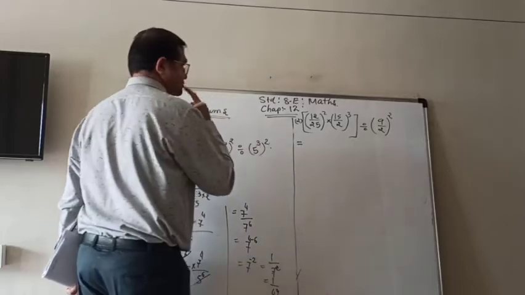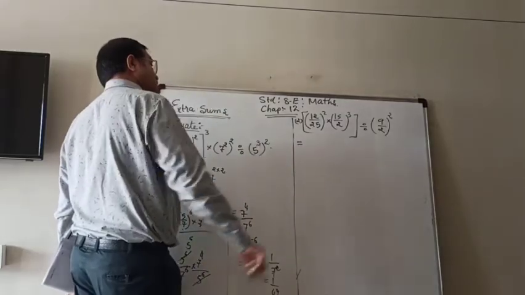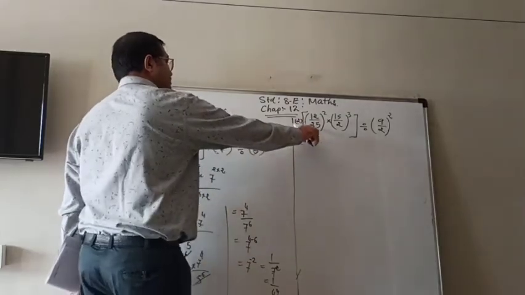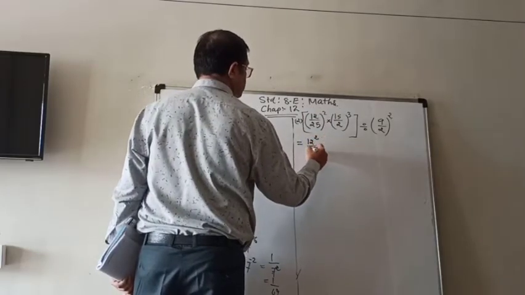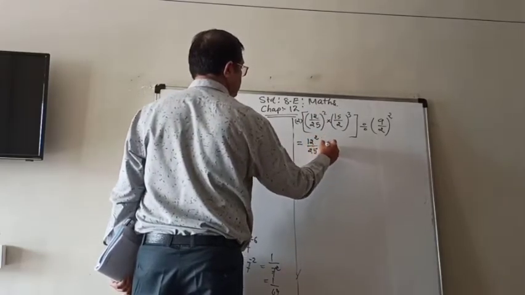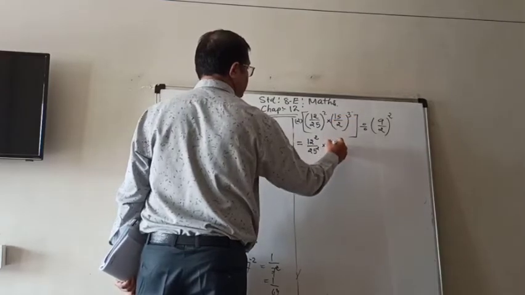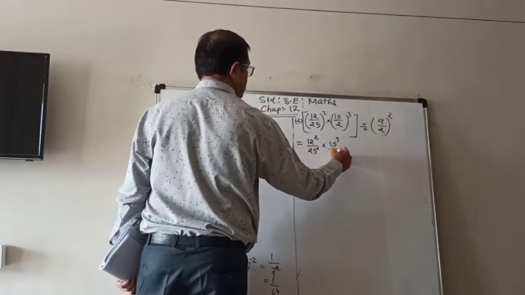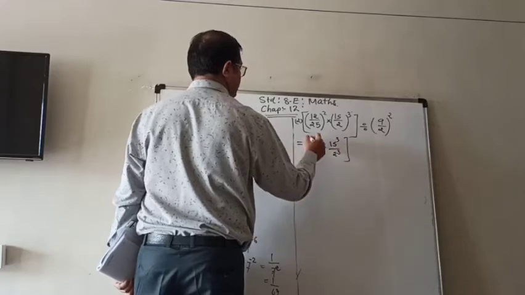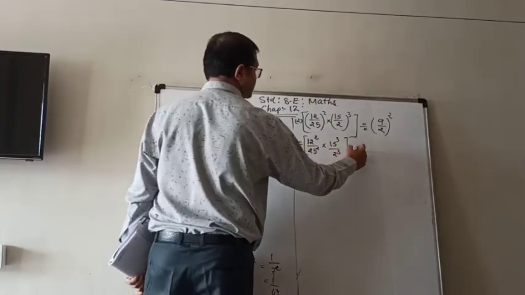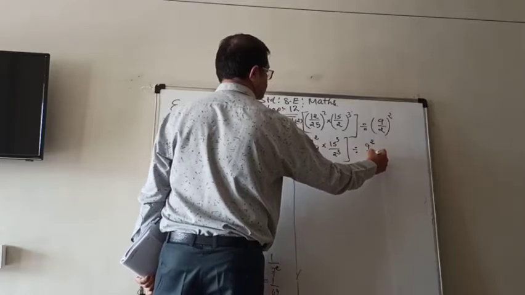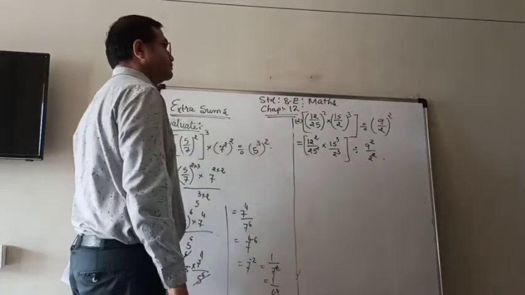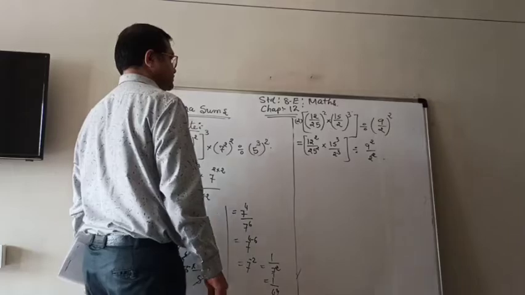So here 12 and 25 both will get the power 2. 15 also will get power 3. 2 also will get power 3. Simplify first. And 9 squared upon 2 squared, as I told you, rules.